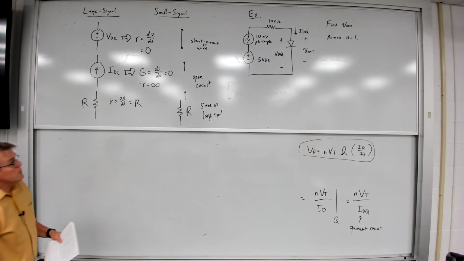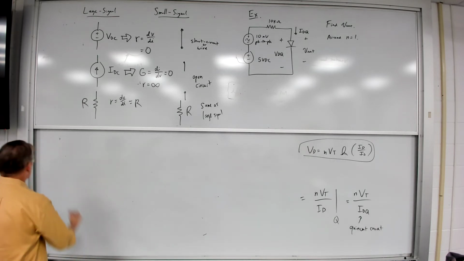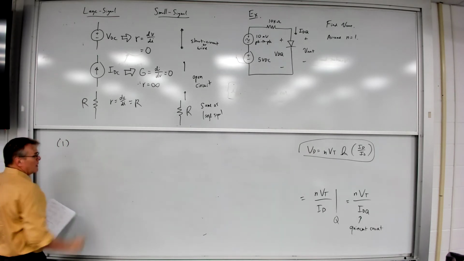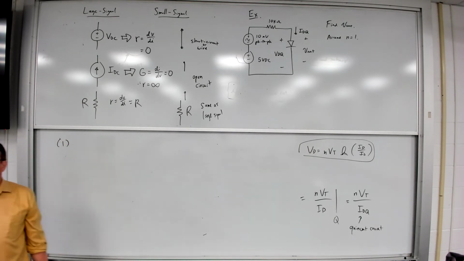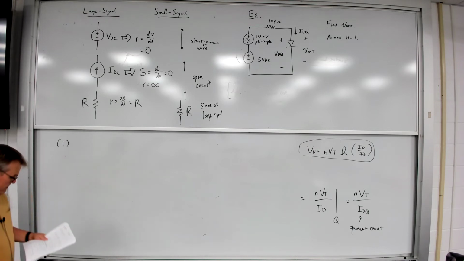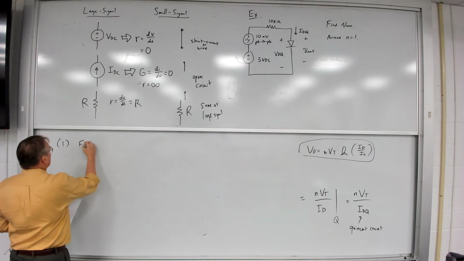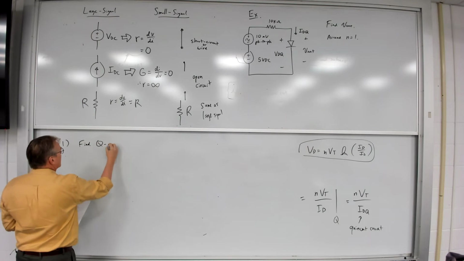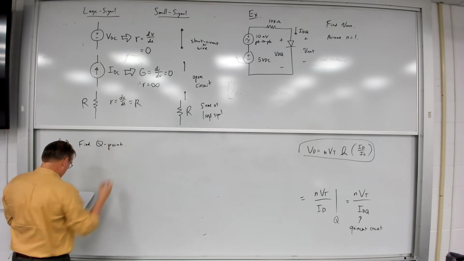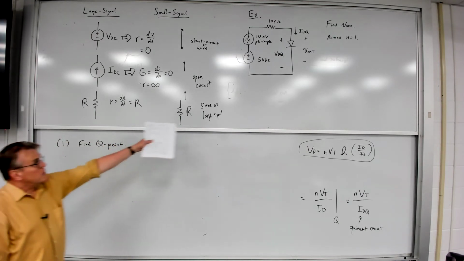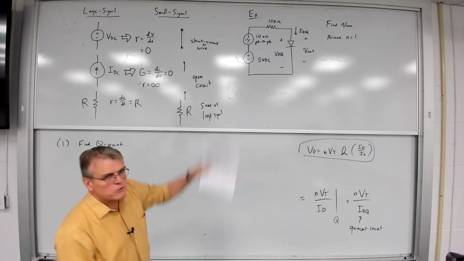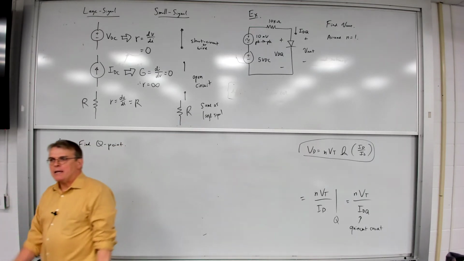All right, the first step in our analysis is we want to calculate the Q point, the DC bias point. To do this, I am going to zero out the AC sources.